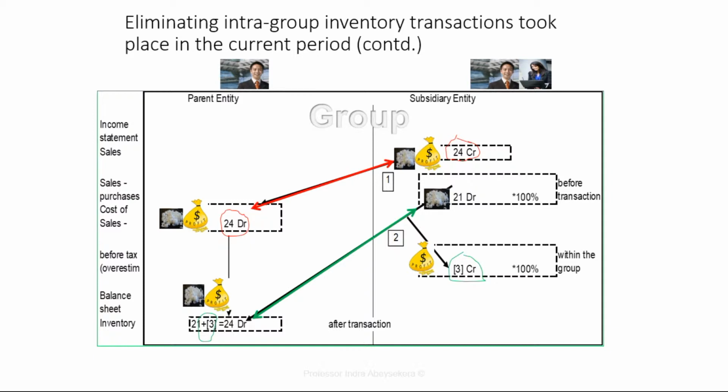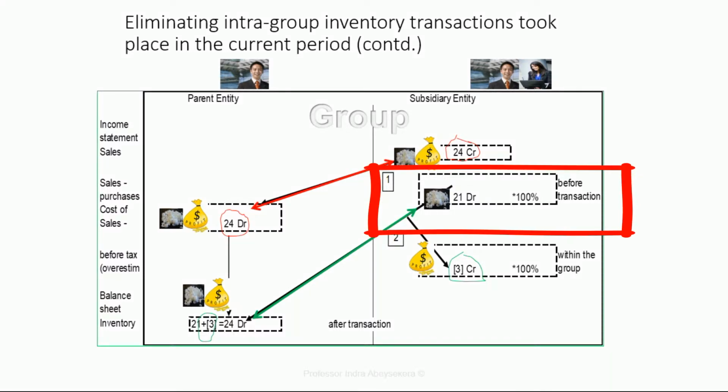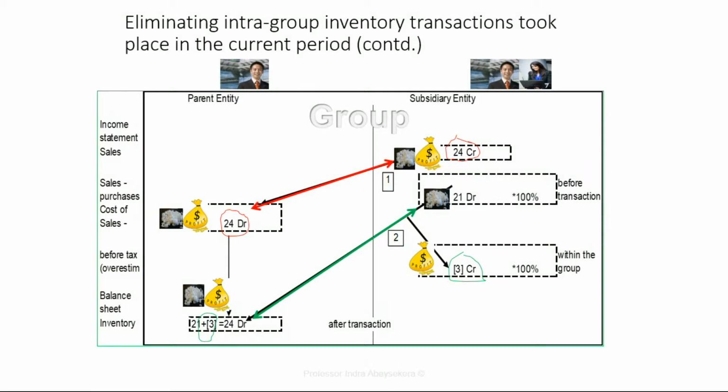That 24 million comprised 3 million of overvaluation, which represents the unrealized gain made by the subsidiary. The cost value of the inventory to the group is 21 million, regardless of the location, whether it is in the subsidiary or the parent entity, because a group is the combined entity of the parent and the subsidiary.